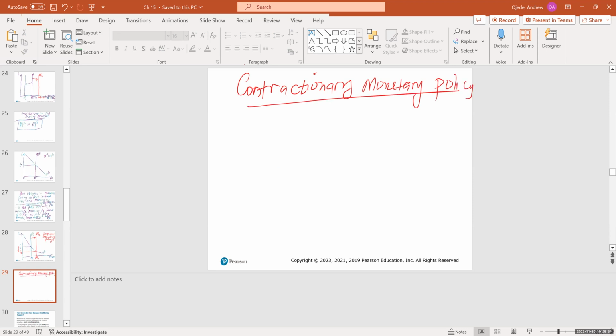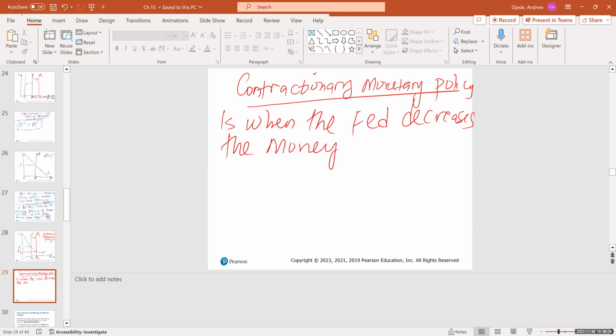So contractionary monetary policy is when the Fed decreases the money supply and increases the interest rate.